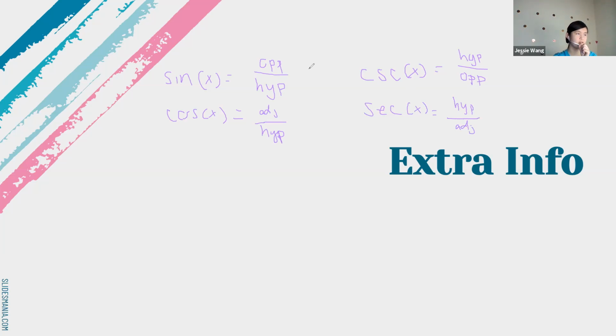So as you can see, from here we just flip the fraction. From here to here, we also flip the fraction. So we have CSC of x, which is just equal to 1 over sine of x. And the same can be said for sec of x. This is equal to 1 over cosine x.